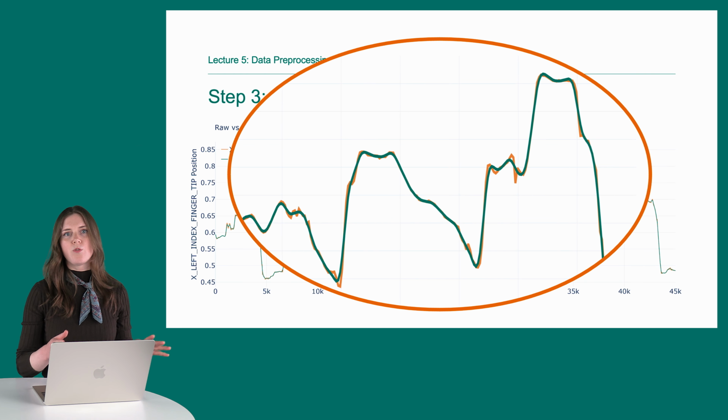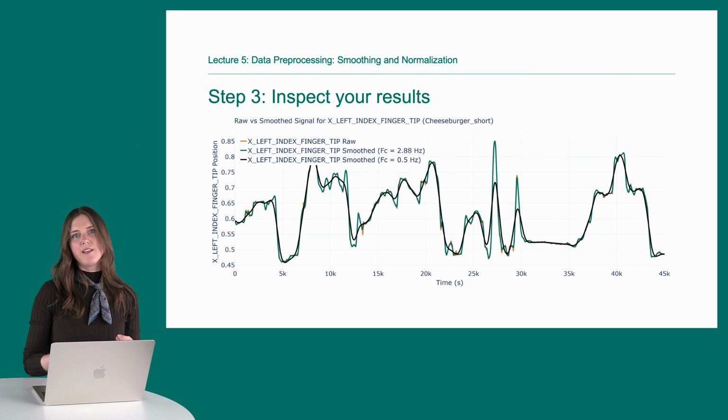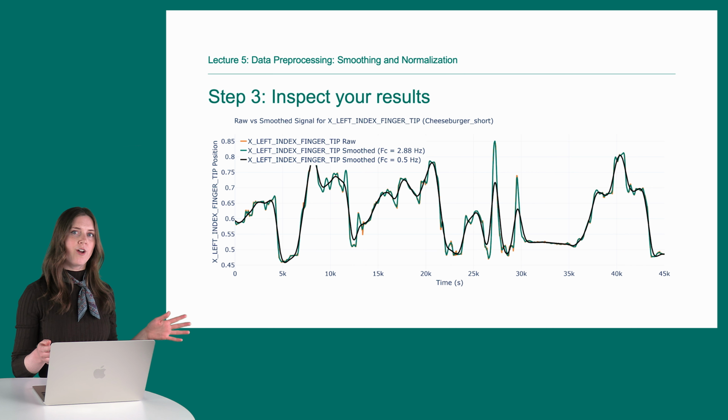It's important to avoid the danger of over-smoothing. For example, the black line in this plot shows what the smooth data would look like if we used a very low cutoff frequency of 0.5 Hz. You can see that this black curve completely wipes out some of the nooks and crannies of our motion signal, but these bumps are not meaningless.